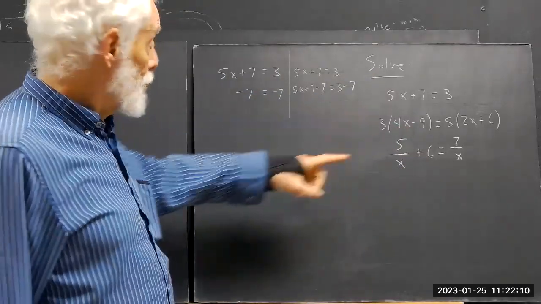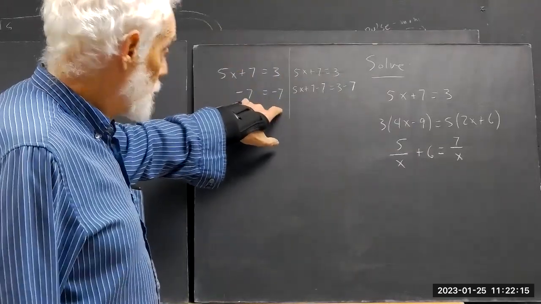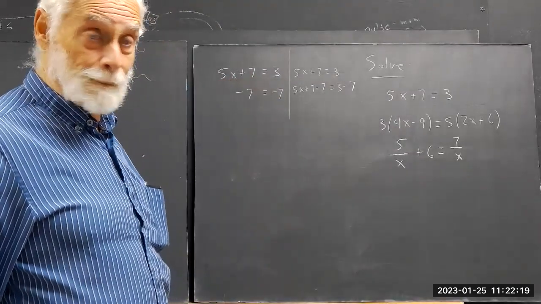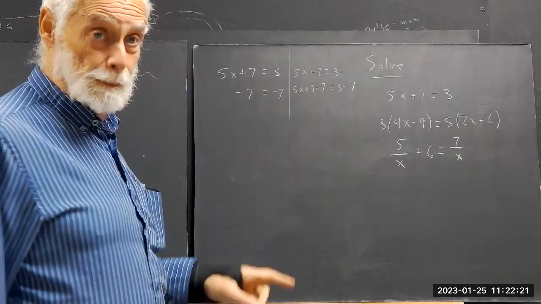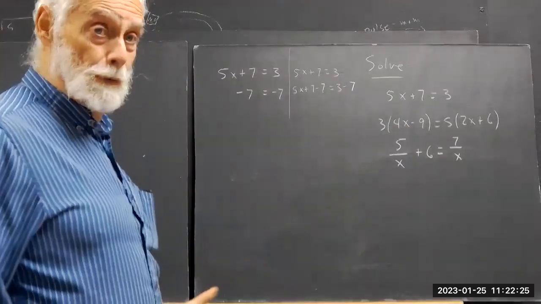In this case, we added -7 to both sides. In this case, we added two equations. We made up an equation here that'll eliminate 7. These are both good ways to do it, and you should understand both, because you're going to see both.